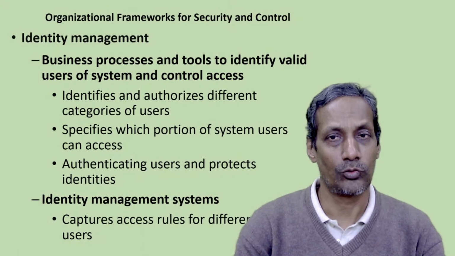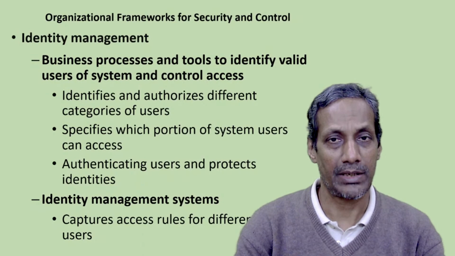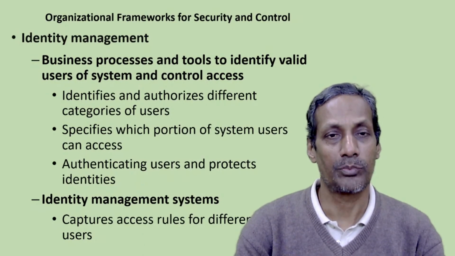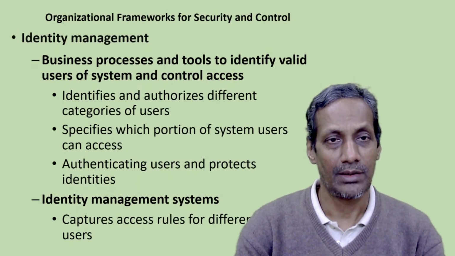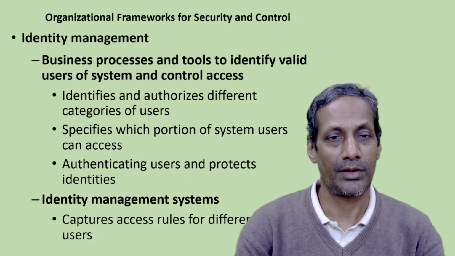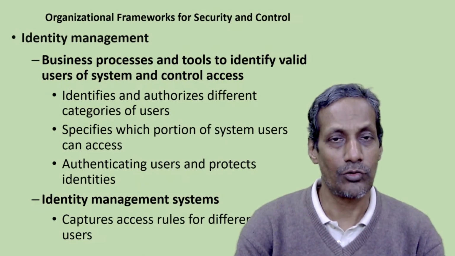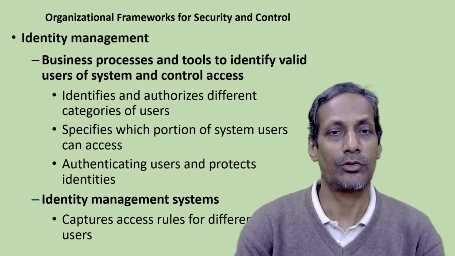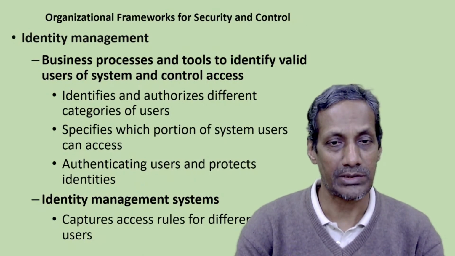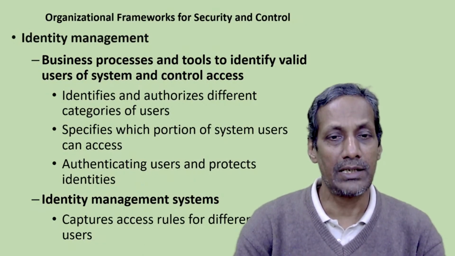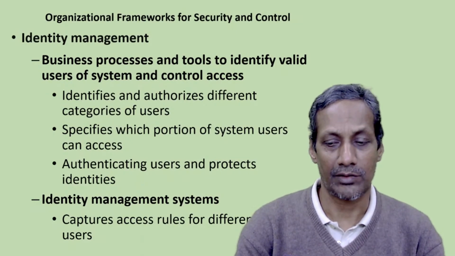Business processes and tools are required to identify valid users of a system and control access, and they should be given the right kind of privileges to work with the information systems. So identity management systems capture access rules for different levels of the users.